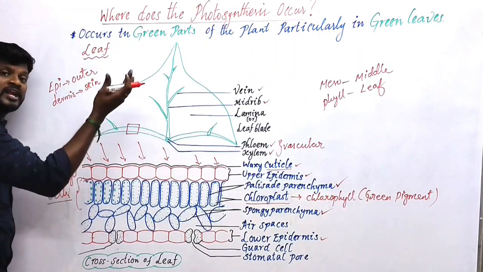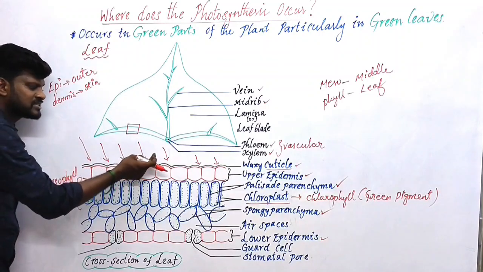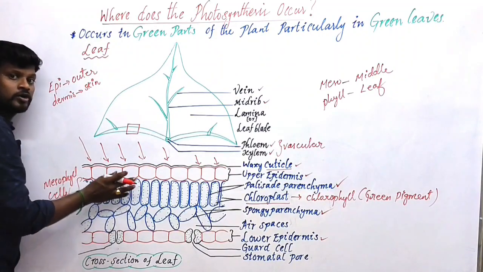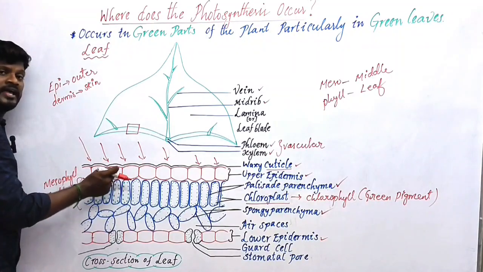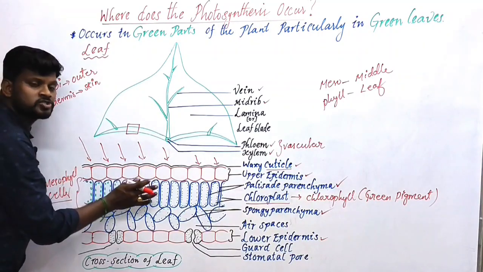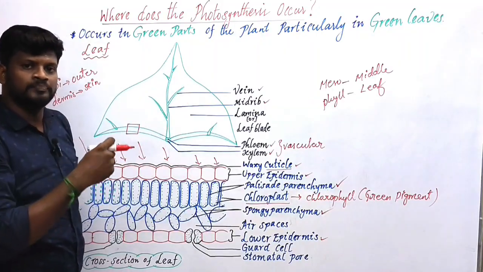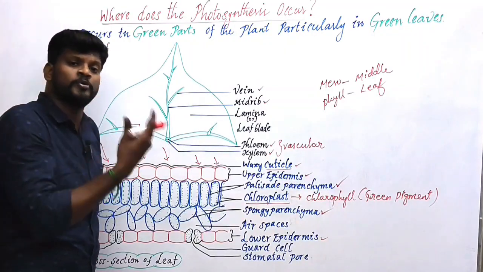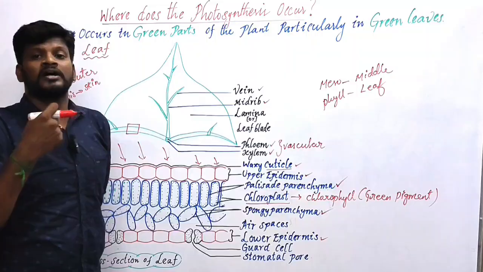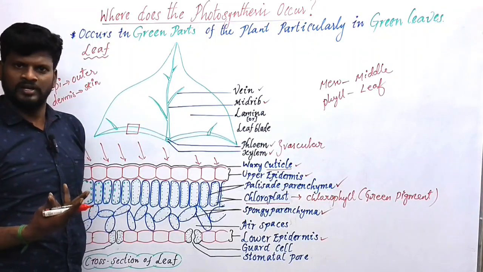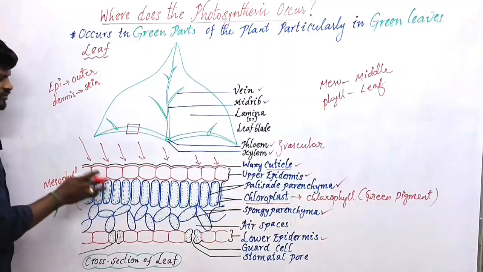So in order to trap more light energy from the sunlight, more palisade parenchyma cells are closely packed, and they even have more chloroplast. So more chloroplast will absorb more light, more photosynthesis. More photosynthesis, more carbohydrate, which means more food, more energy. Understood? So very important thing, right?